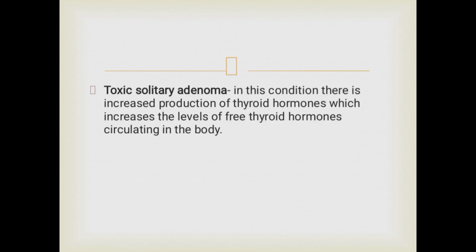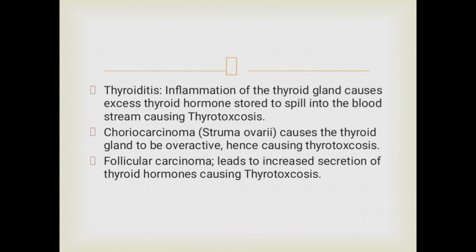So now we move to toxic solitary adenomas. So we are talking about tumors or cancers. In this condition, there is increased production of thyroid hormone, which increases the levels of free thyroid hormone circulating in the body. So in a case where the thyroid gland is carcinogenic, you find that T3 and T4 hormones will be high or will be produced in excess. Then there are inflammatory conditions of the thyroid gland, such as thyroiditis.